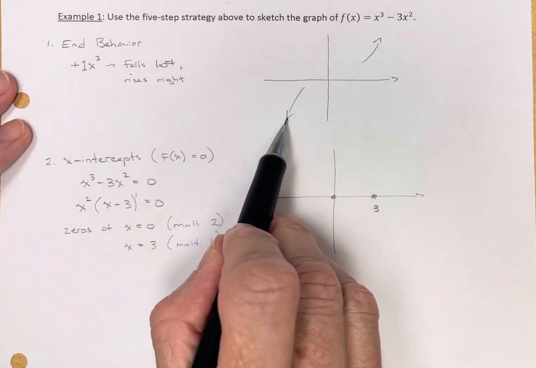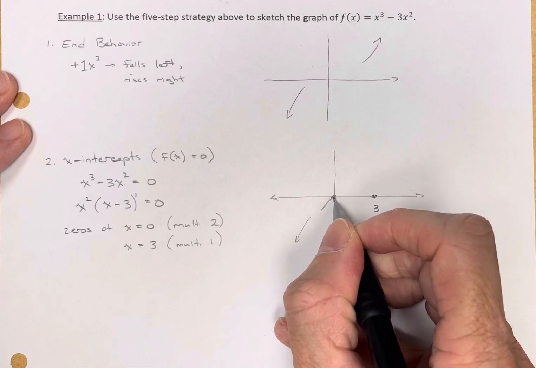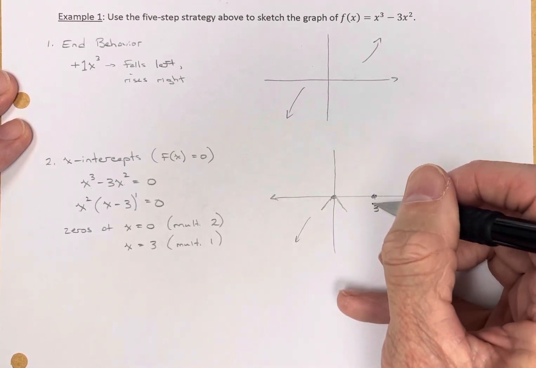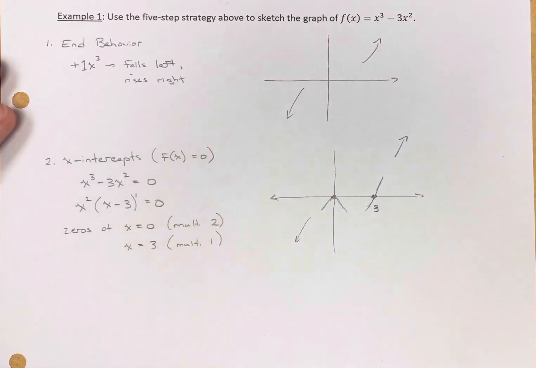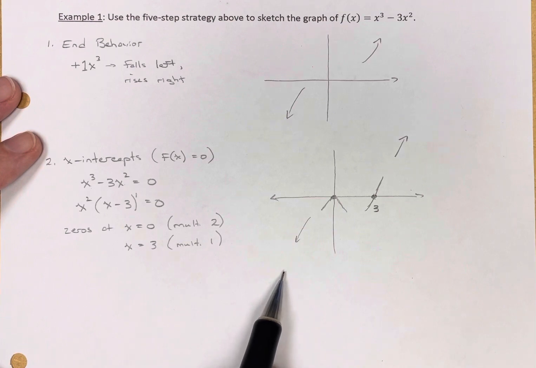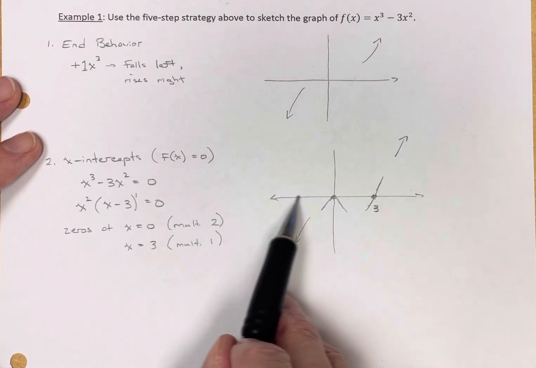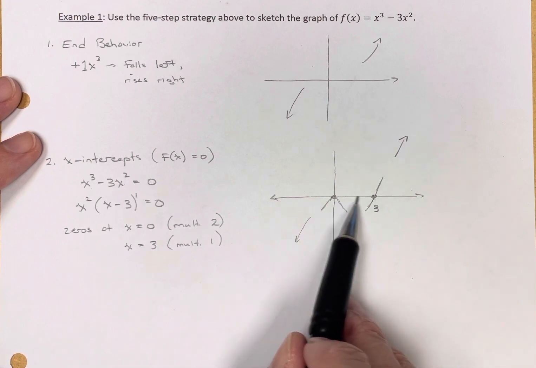Well, if we're going to be going down here, my guess is we're probably going to do this, and then we're probably going to go like that. We've got to have ourselves going down somehow. And we know that we don't have any more zeros over here, and we've got to go up from here.